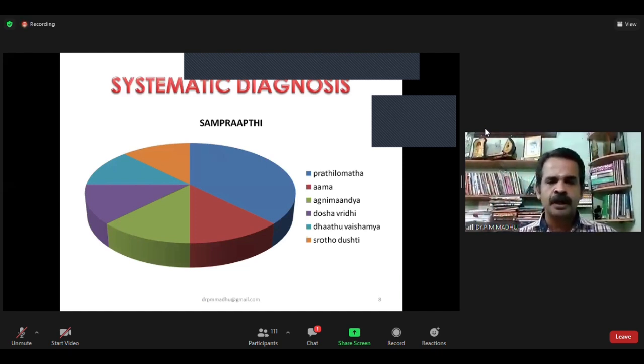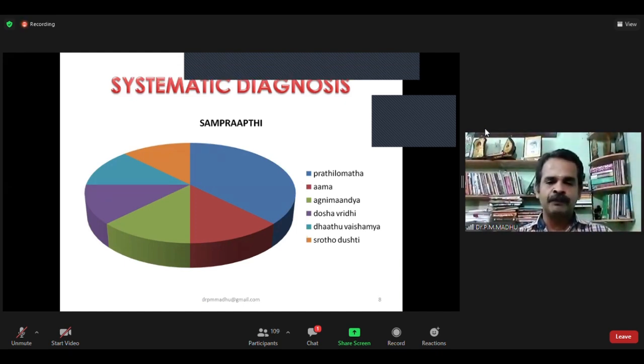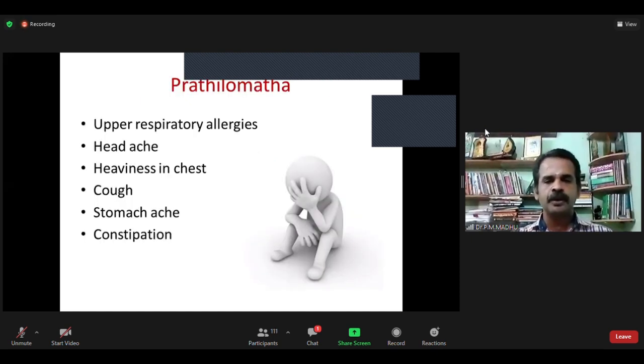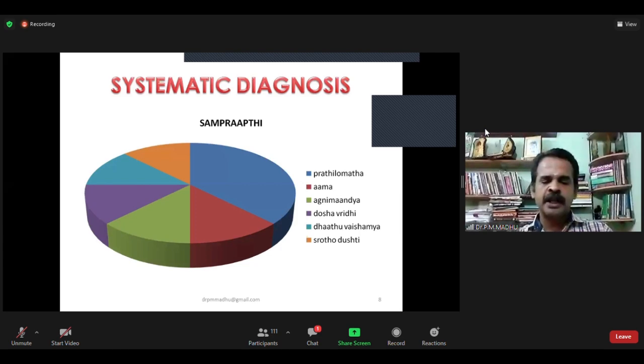And as per Ayurveda, if we have to treat the patient scientifically, we have to identify the patient in terms of the whole samprapti that happened inside the body. I will detail examples, then you will get the proper idea about the diagnostic aspect. You see, pratilomata is the basic factor. First of all, I will detail the diagnostic principles in Ayurveda.